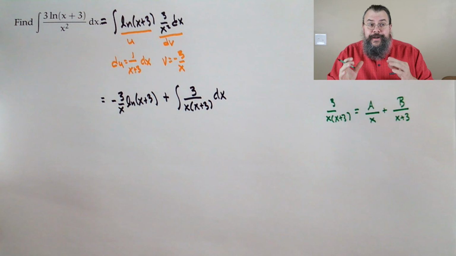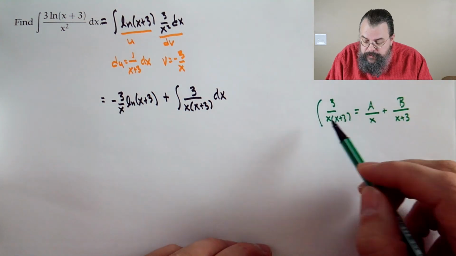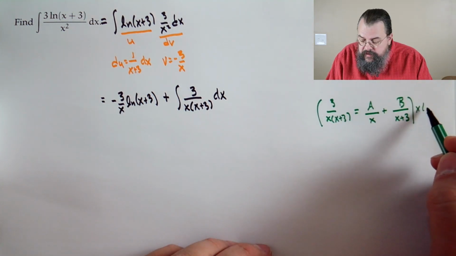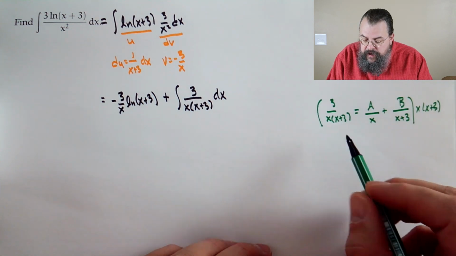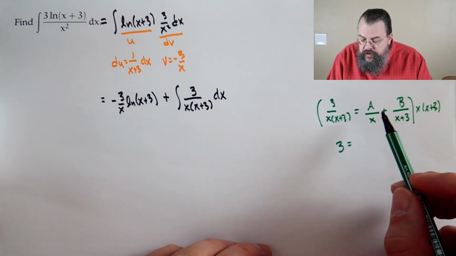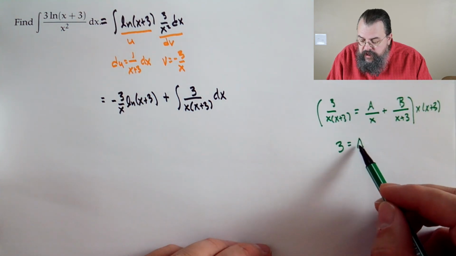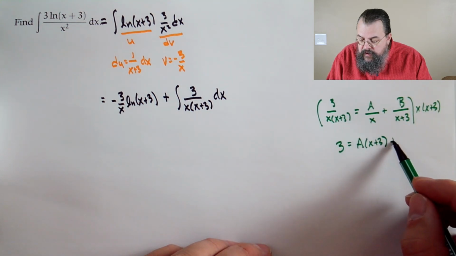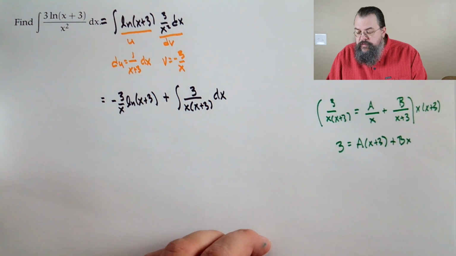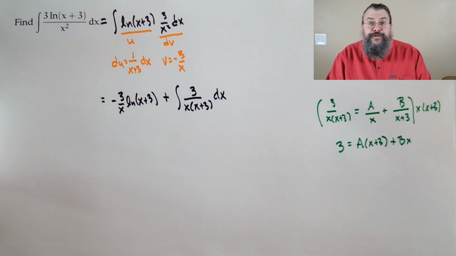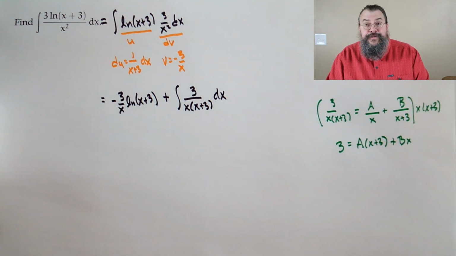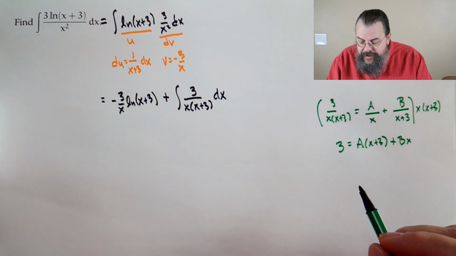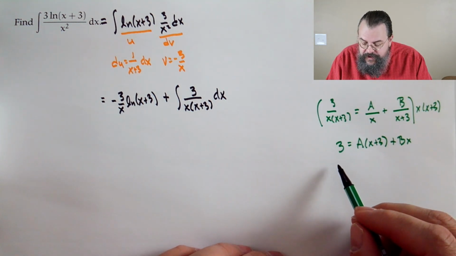Now, clear the denominators. So we're going to multiply both sides by x times x plus 3. So we have 3 equals, the x's cancel, so that's A times x plus 3. Here the x plus 3's cancel, so it's B times x. And now we must choose. And we choose wisely. Well, there's two really obvious candidates.